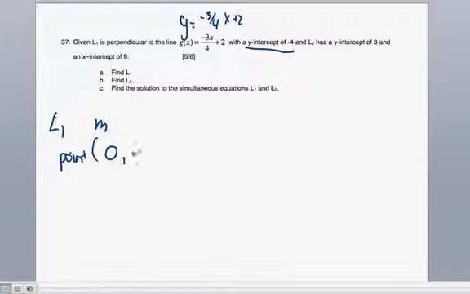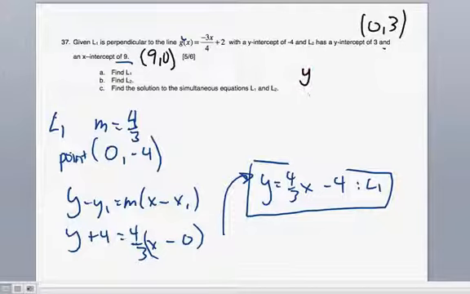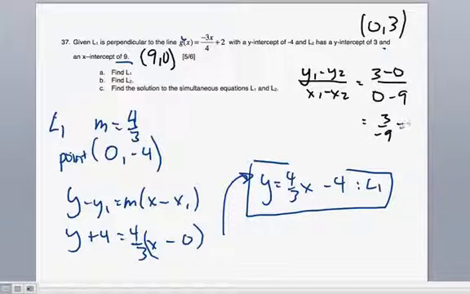What I can do then is find my slope and say y1 minus y2 over x1 minus x2, which will be 3 minus 0 and 0 minus 9, which is 3 over minus 9, which is negative 1/3. And so in this case, again, I'm going to use y minus y1 equals m times x minus x1.